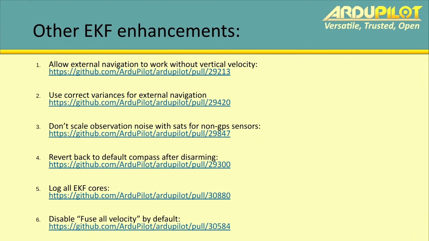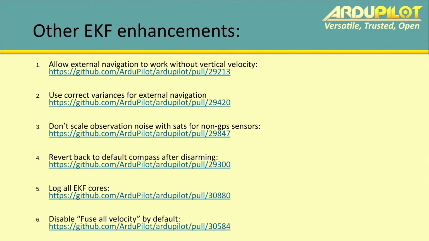And then there's a bit of a controversial PR that we have merged now, where we were fusing in all the velocity sources that you had mentioned in the EKF source parameters. For example, if you had GPS and an optical flow, by default we were fusing all of those velocities inside the EKF.